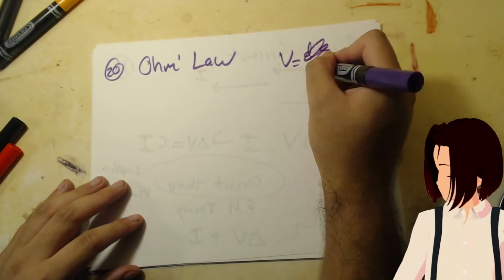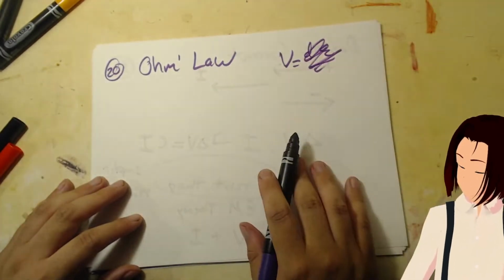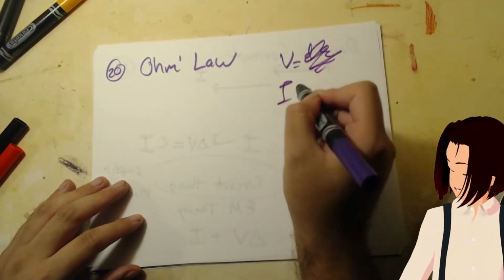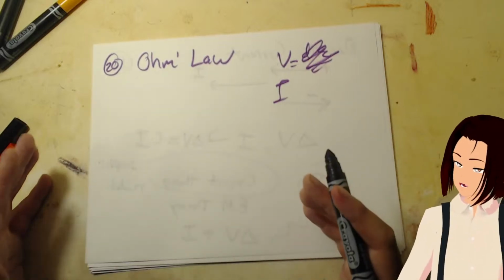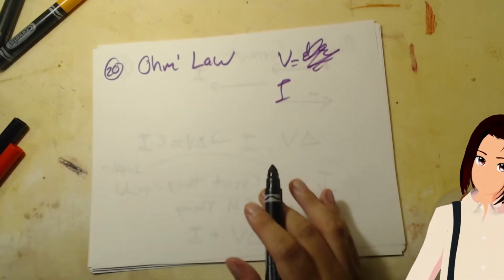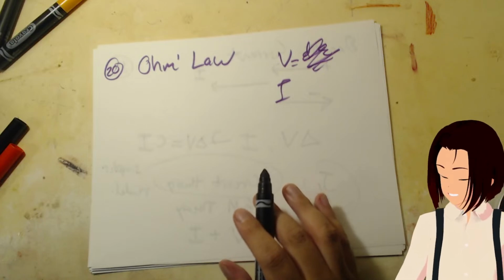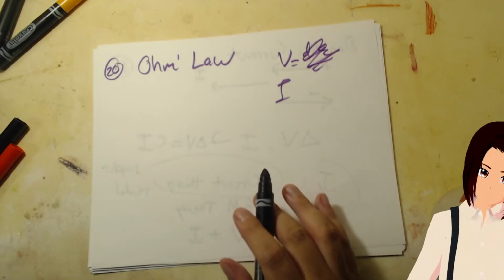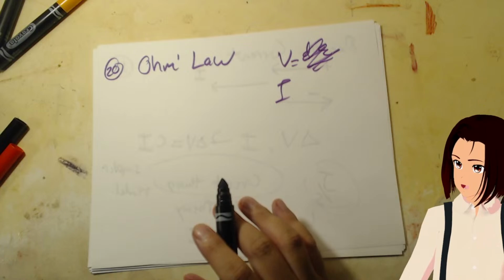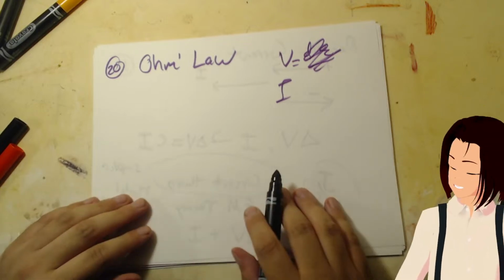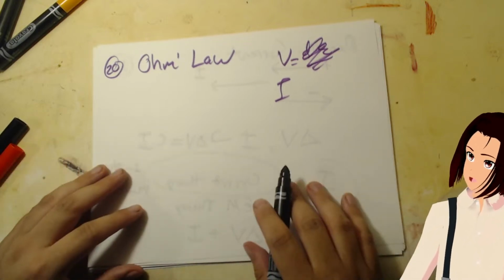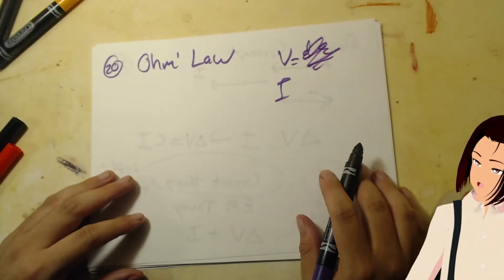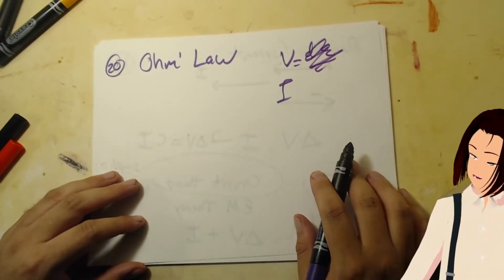And you have current, right? So you can find Ohm's law. Ohm's law is easy. Well, here's the thing. Screw that. Ohm's law is not easy. Ohm's law is hard. To fully understand Ohm's law, you need to know quantum mechanics. To derive Ohm's law, you need quantum mechanics. And you know what? We're not doing that today. So you're in luck.